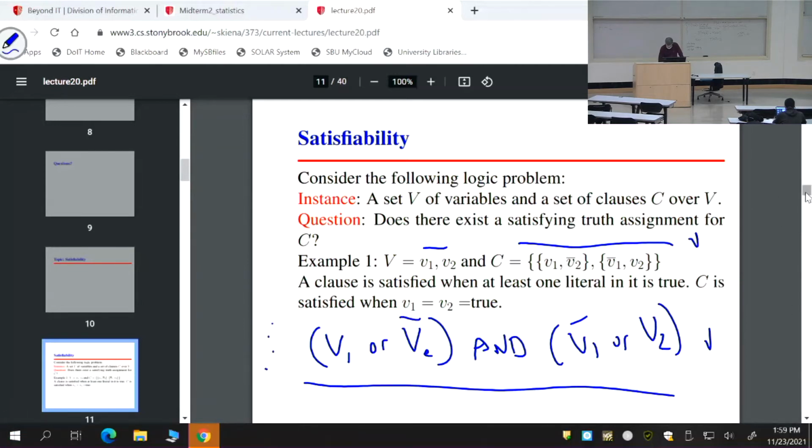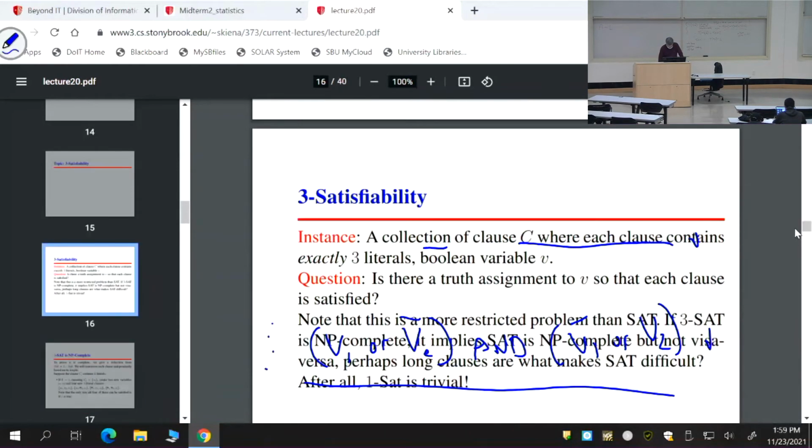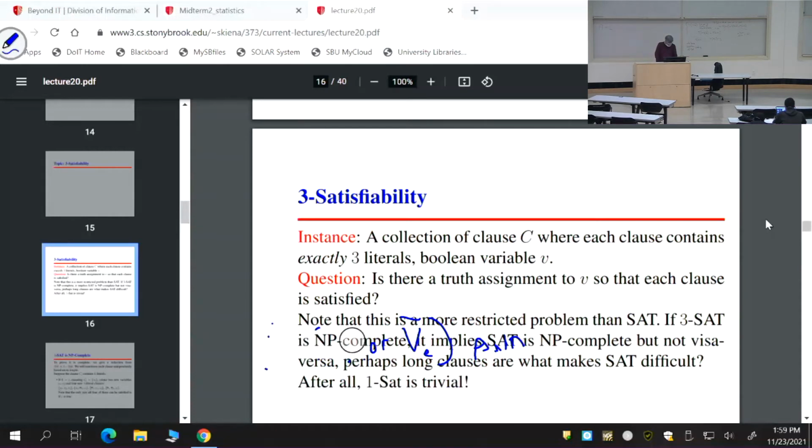Now, once we have a hard problem, we can start to look at other problems and try to prove whether or not they are as hard as satisfiability. The first one we're going to do may be a little letdown for you, because it's going to be a flavor of satisfiability. Now, 3 satisfiability is this problem of satisfiability where every one of my clauses has exactly 3 literals in it.